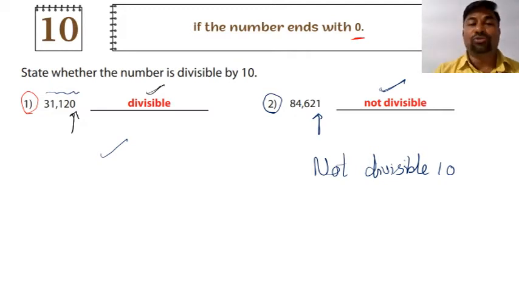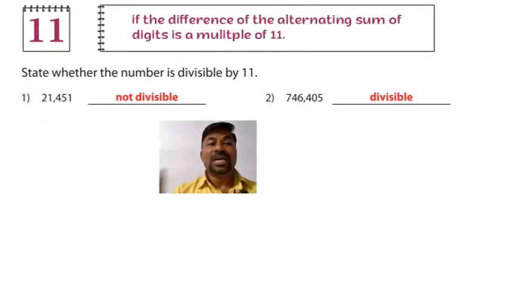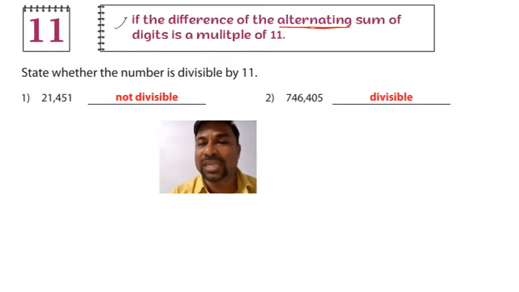Now, let's get back to the other one. The second number we are going to discuss is our next important table, 11. See the condition on the board: if the difference of the alternating sum of digits is a multiple of 11. What is the meaning of alternating?